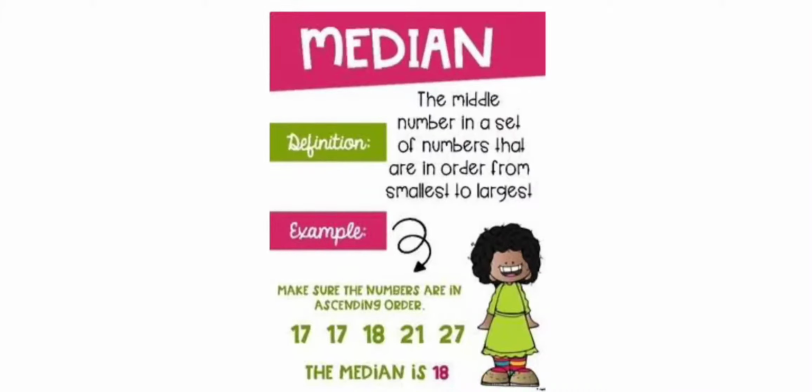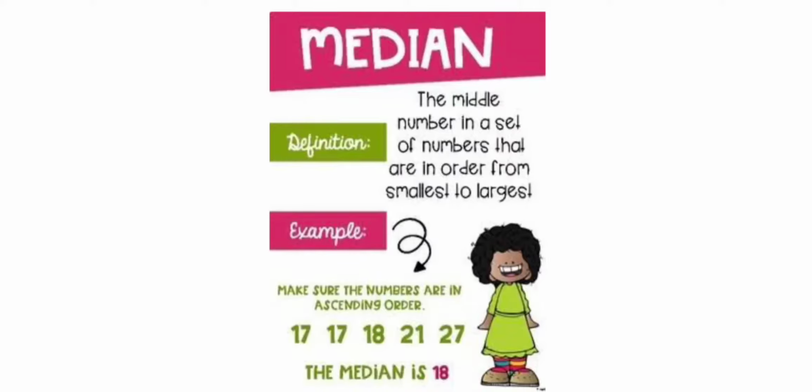Next is median. Median is the middle number in a set of numbers that are ordered from smallest to largest. If we have raw data, arrange it in ascending order, meaning smallest one first, then the next number, up to the largest number. Arrange these numbers and find the median: 17, 17, 18, 21, 27.